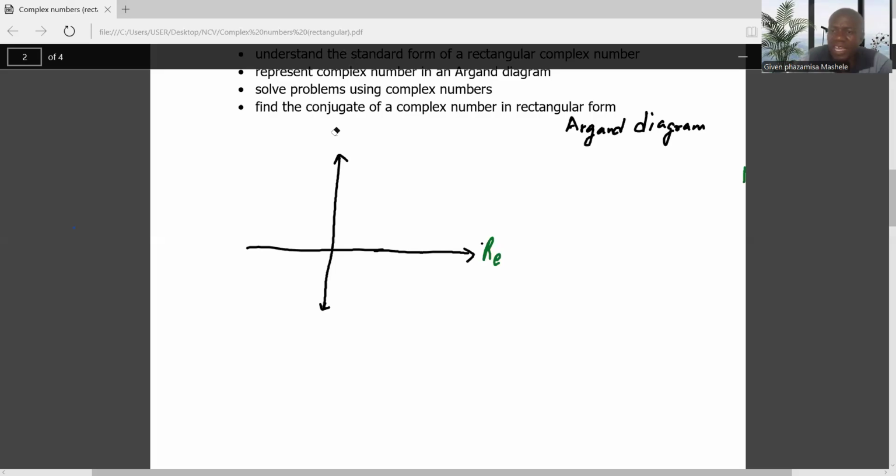So we have the real axis and we have the imaginary axis. I'll just write I or Im. So this is the imaginary axis and the real axis.